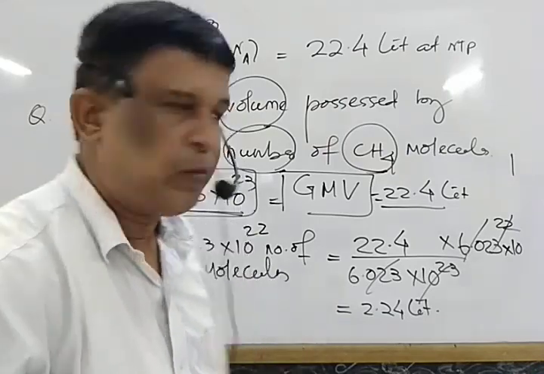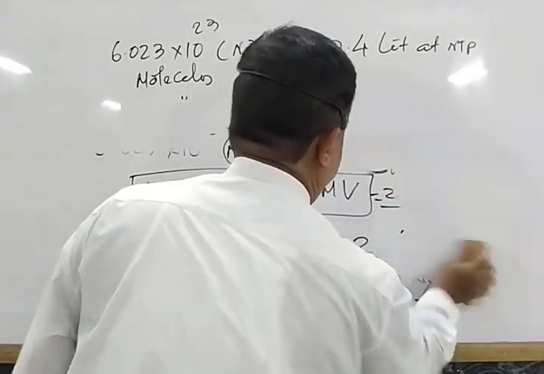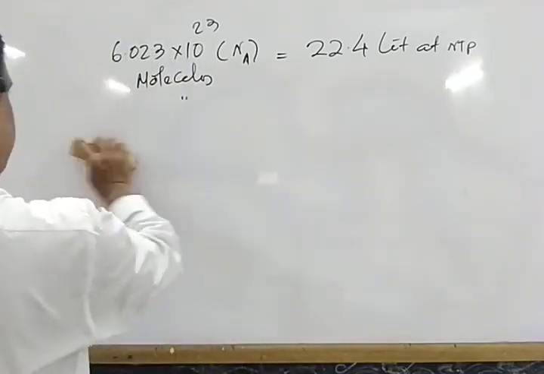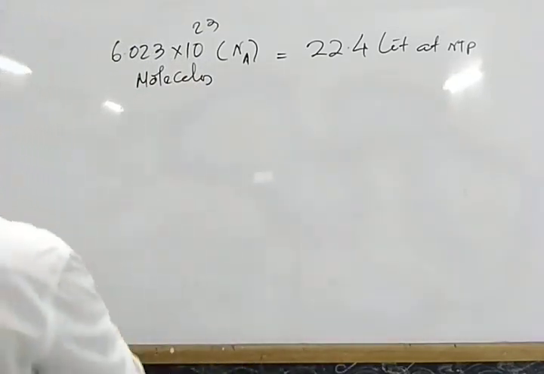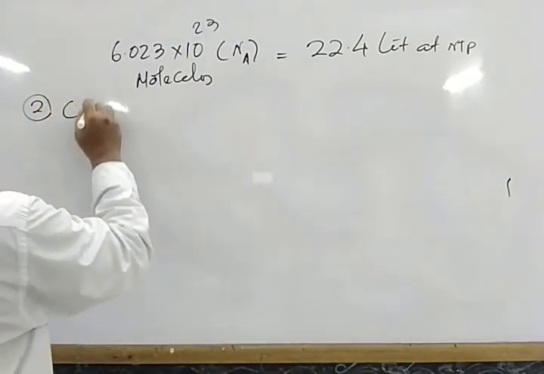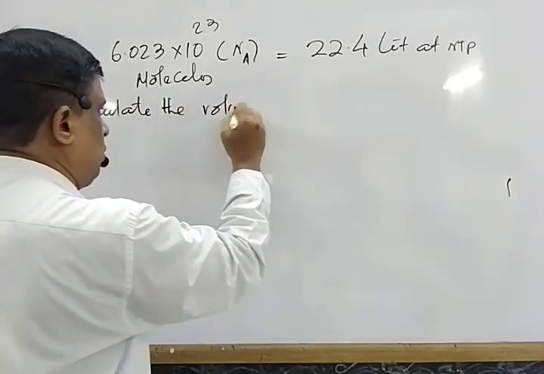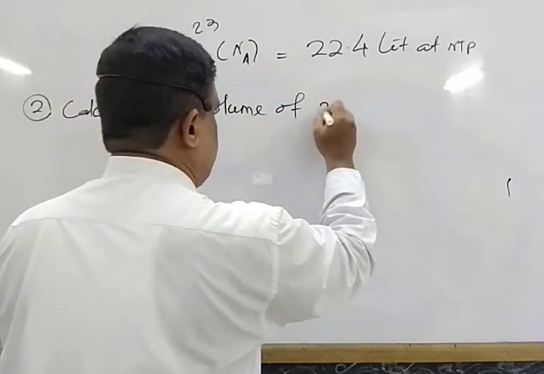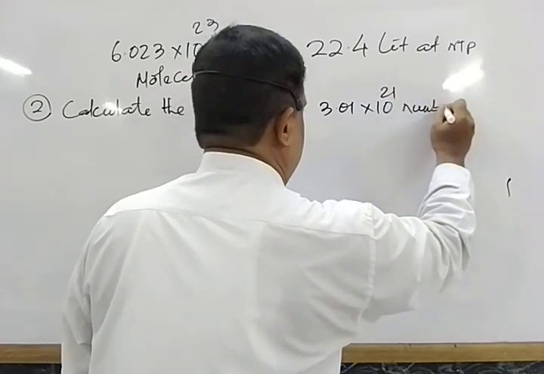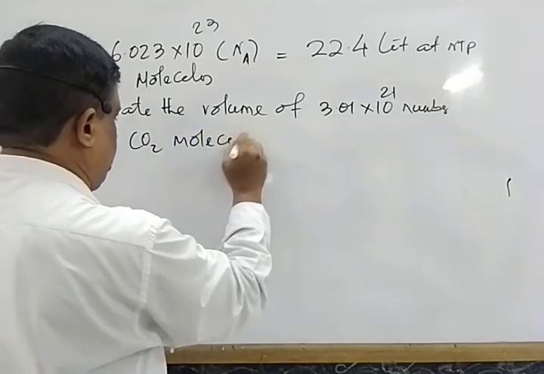Let us solve another problem. Mark that. Question number 2. Calculate the volume of 3.01 into 10 to the power 21 number of CO2 molecules.